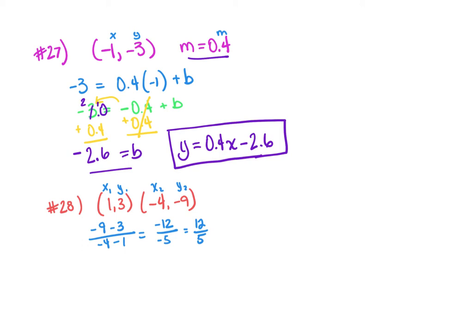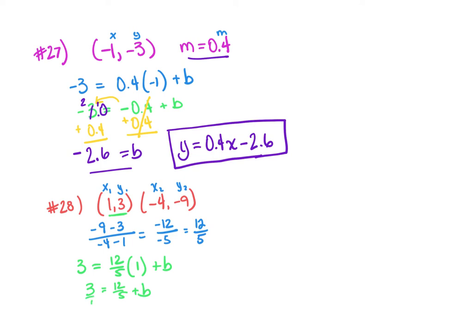Once I have my slope, I'm going to move on and you do exactly what I did at the top. So I'm going to use one of my points. I'm just going to choose the first one here. And I'll say y equals m times x plus b, right? And so 3 equals 12/5 plus b. Common denominator here, right?